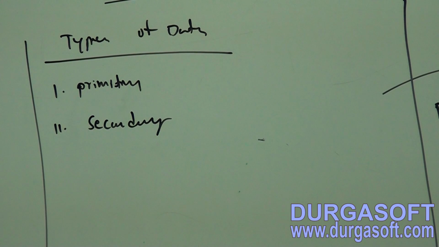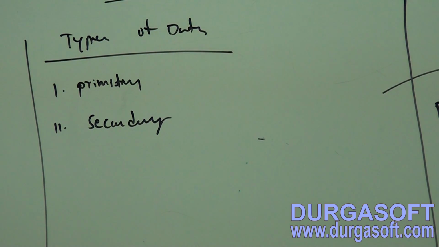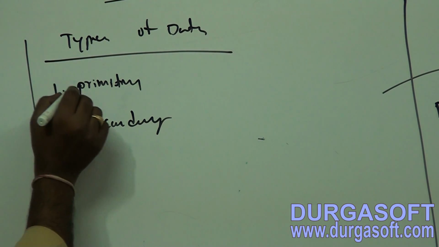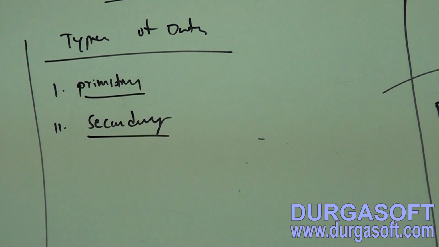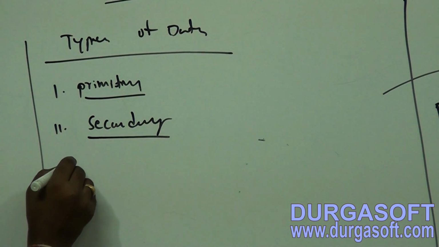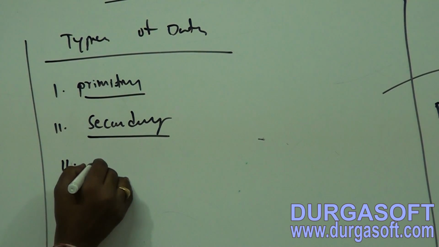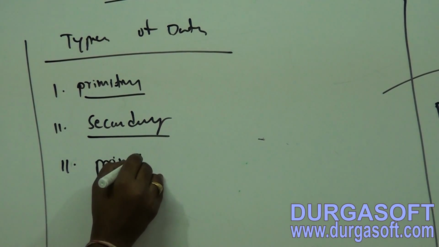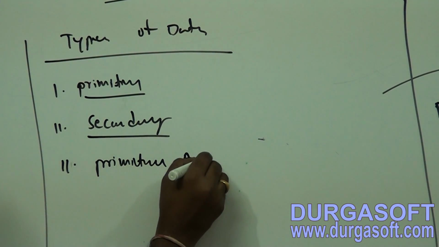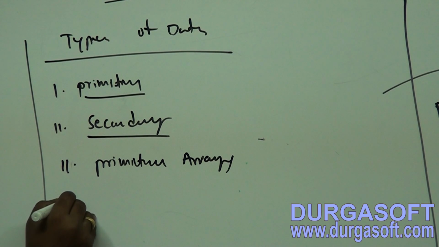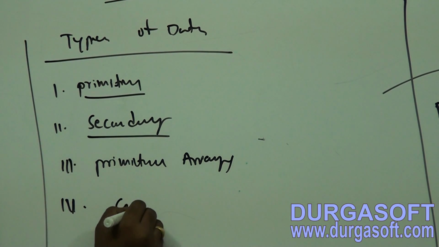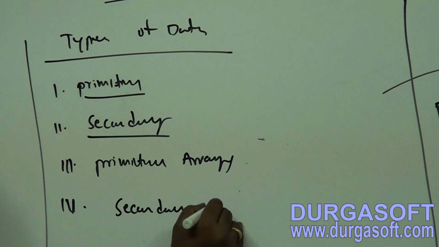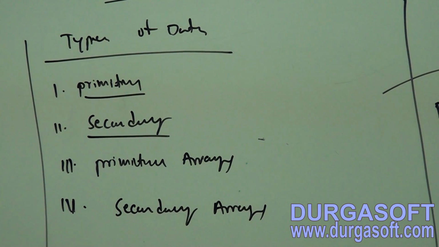Only these two types we have, primitives and secondaries. Primitive type data we can inject, secondary type data we can inject. Primitive arrays we can inject, secondary arrays also we can inject.